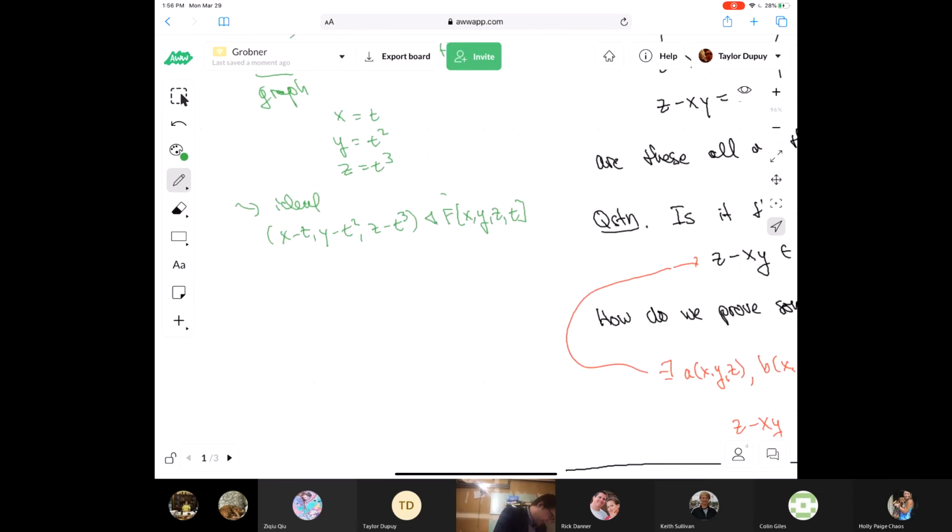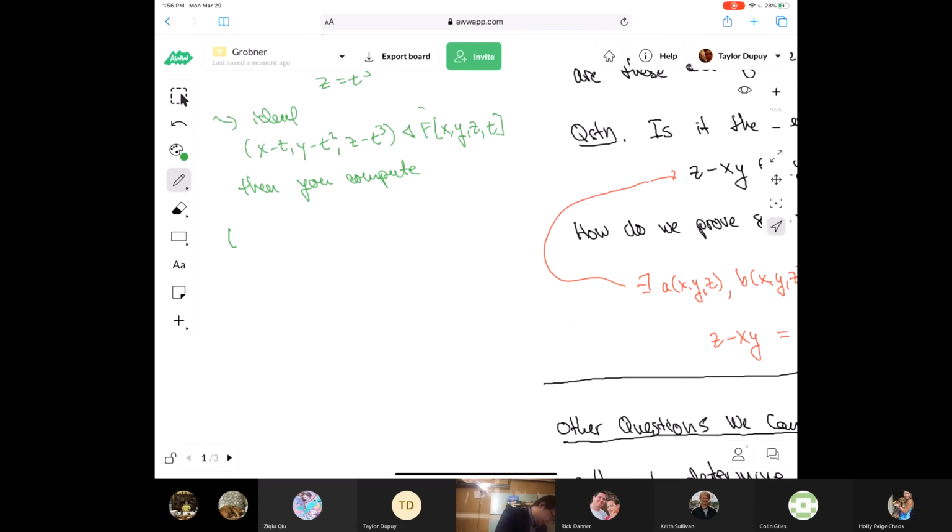And then you eliminate. You compute the ideal (x minus t, y minus t squared, z minus t cubed) intersect k of x, y, z.